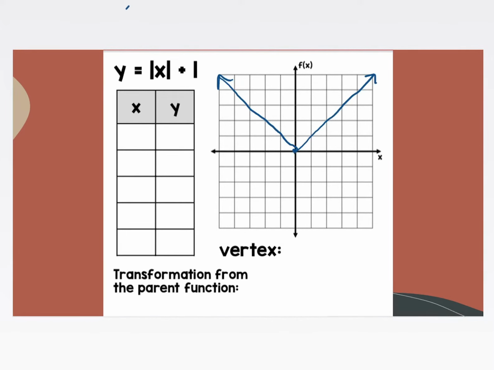Okay, if we start plugging in points here, the absolute value of -2 plus 1 gives us 3. The absolute value of -1 is 1 plus 1 gives us 2. The absolute value of 0 plus 1 is 1. The absolute value of 1 plus 1 is 2. The absolute value of 2 plus 1 is 3. So here's our graph here.